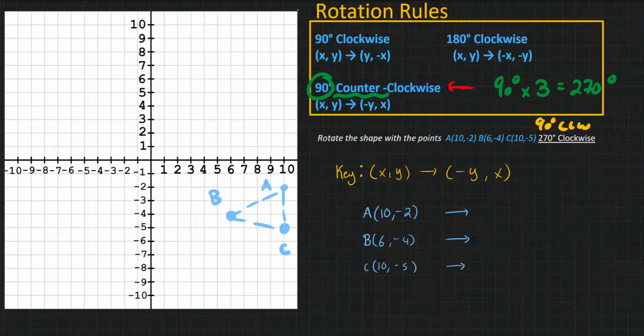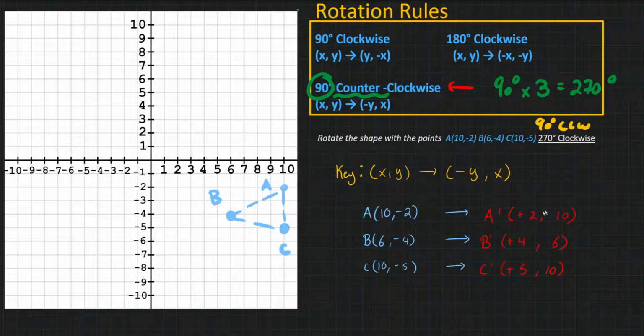Let's try it out. A prime would swap the spots, so it would be -2, 10, and flip the first one, so +2, 10. B prime, switch the spots, so -4, 6, flip the first term, +4, 6. And C prime, switch the spots, -5, +10, flip the first term, +5, +10.